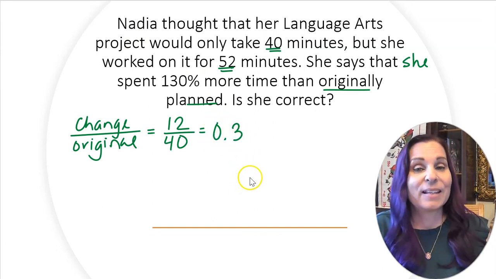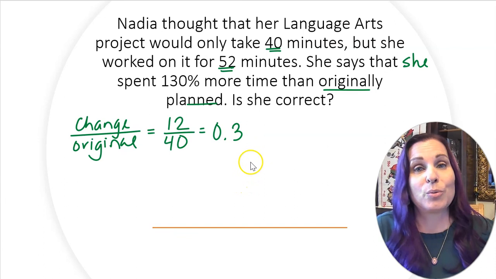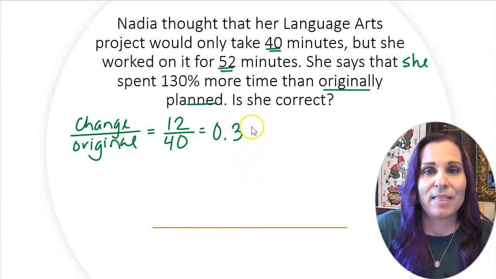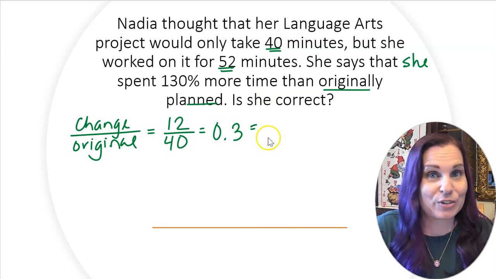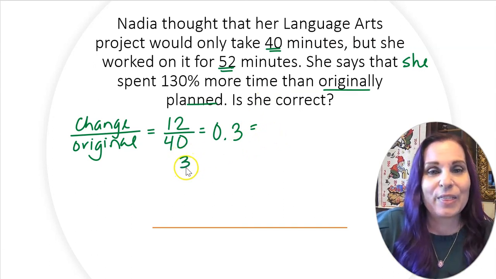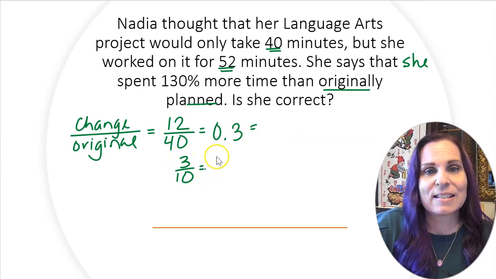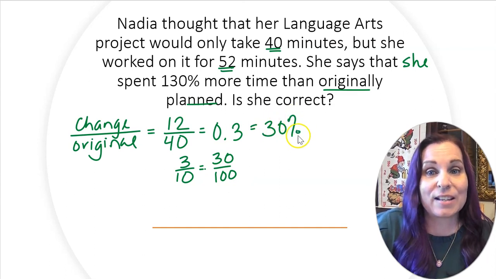0.3. Now we convert that to a percent, and remember how to do that? Here's a little refresher in case you don't remember. 3/10 is 30 hundredths, which means this is 30%.